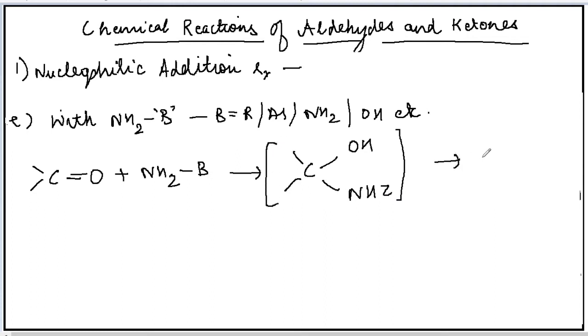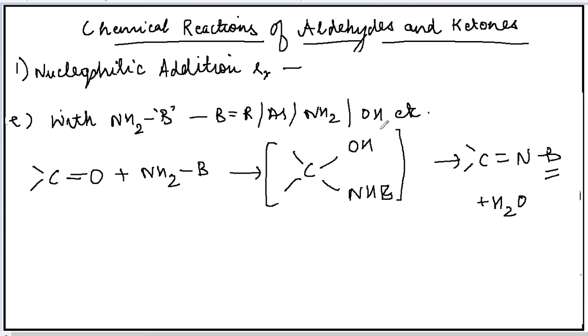And the final product that is formed is shown here. So this is how the reaction takes place. Now here the B can be your alkyl group, aryl group, hydroxyl group, NH2, etc. So this is how the nucleophilic addition reaction of aldehyde and ketone with derivatives of ammonia takes place.